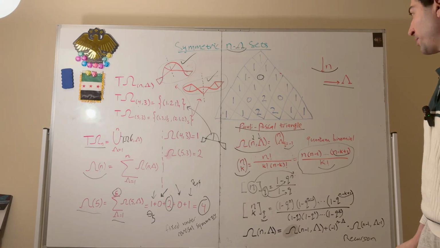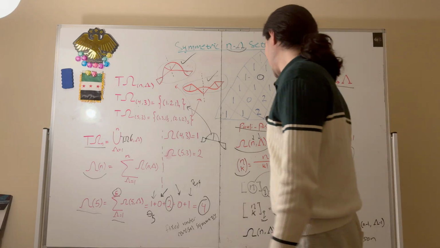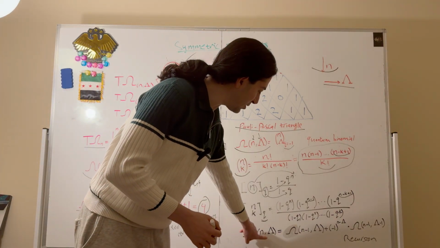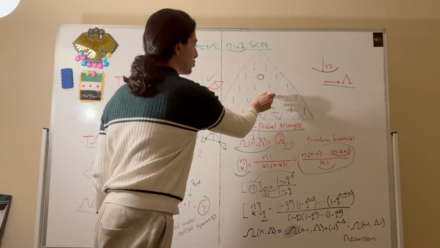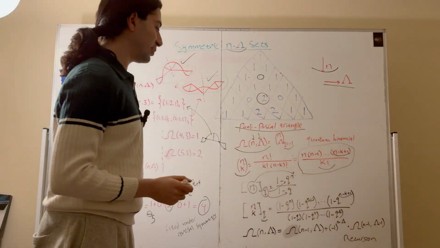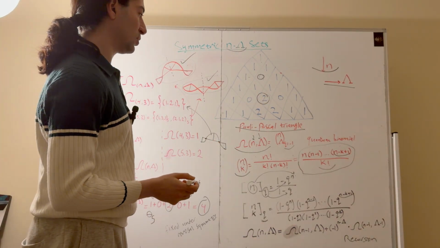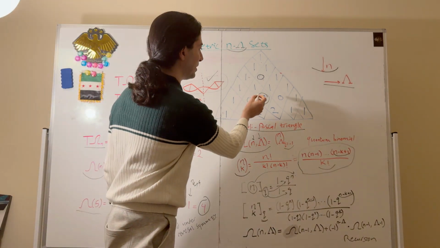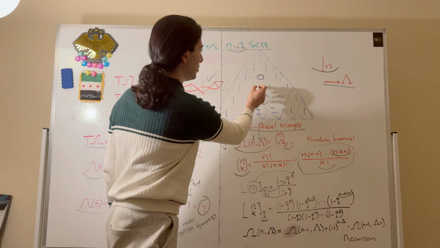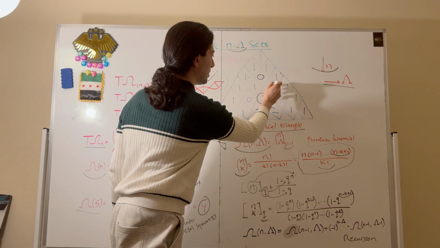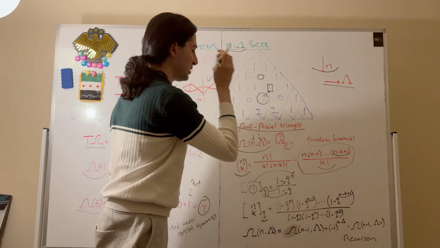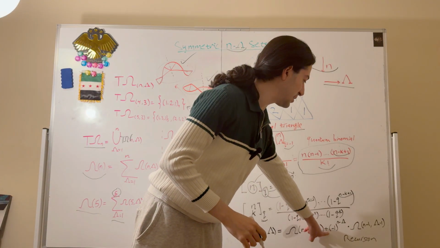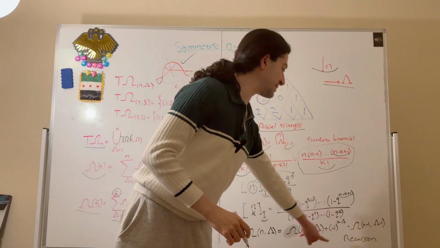Now notice one more thing about this expansion. If we look at omega n lambda, we will notice that it is equal to omega of n minus 1 lambda, so this one, plus -1 to the power of n minus lambda.